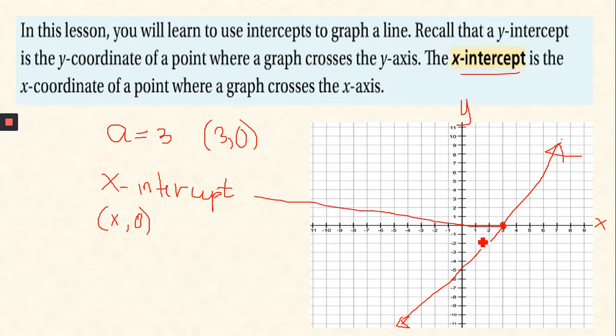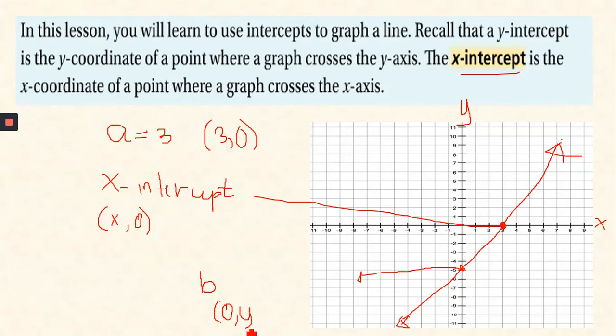How about your y-intercept? It is a point of intersection between the line and the y-axis. So you have this one. This is your y-intercept. And your y-intercept is always represented by the variable b. Your y-intercept has the coordinates of 0, y.